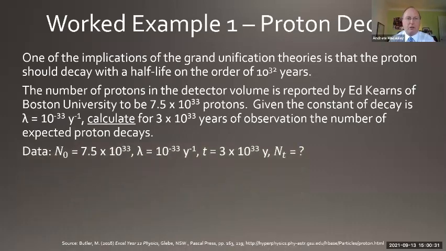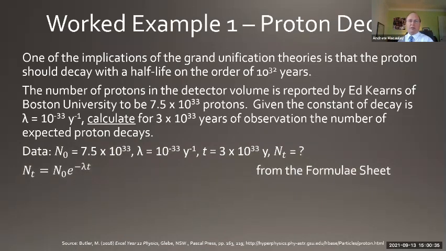So you may recall, there's the data from the question, you may recall this formula from our work with nuclear reactions and nuclear decay. So radioactive decay fits that model, but so does the decay of protons, as we'll see.